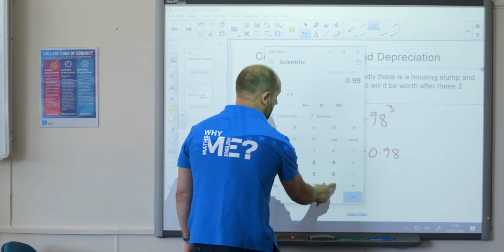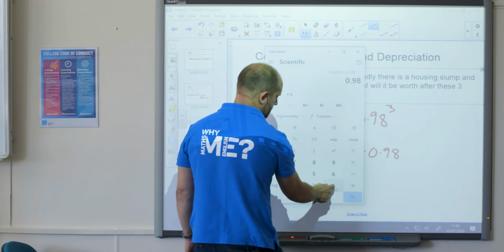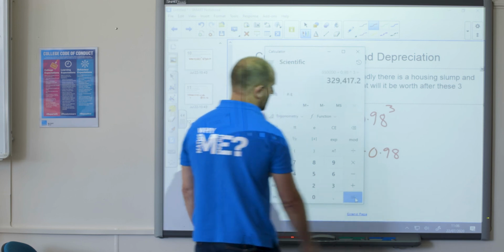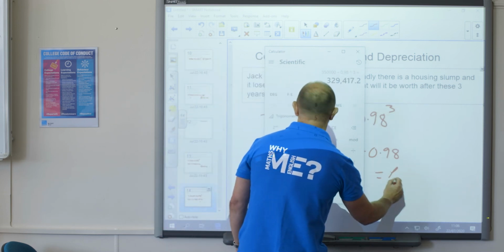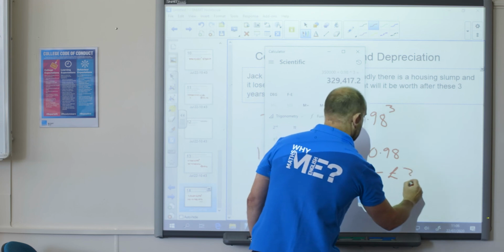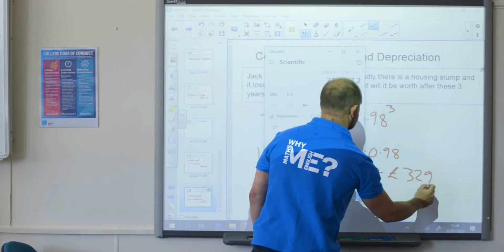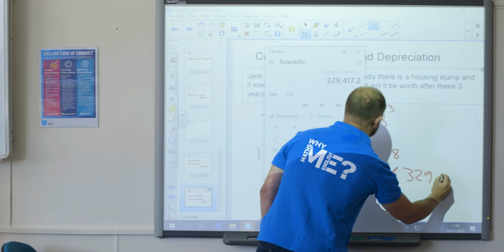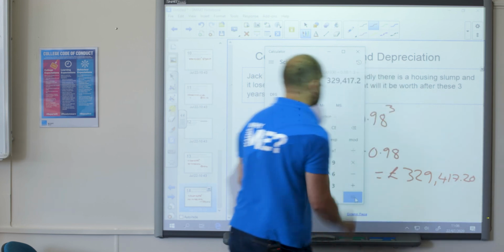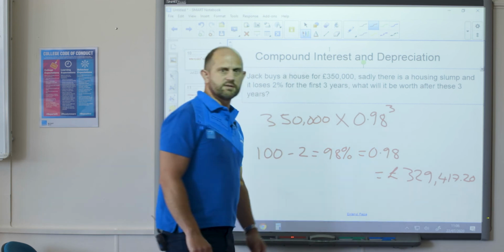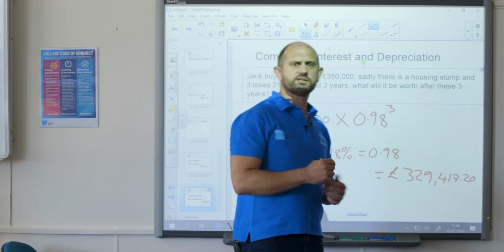And there's my power function for 3 years, equals. So at the end of 3 years then, poor old Jack's house is now worth £329,417.20. So that is compound interest and depreciation.